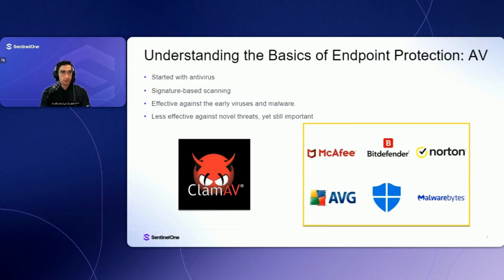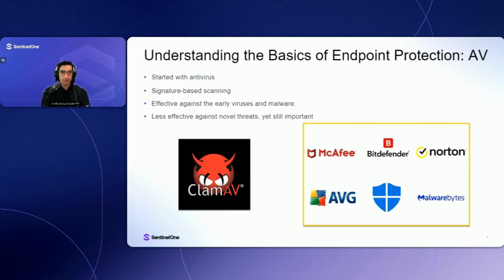First up, we're going to be talking about antivirus. Now, antivirus was the first endpoint protection solution to really hit the world stage as these threats were evolving. At its core, antivirus solutions provide signature-based detection. This means that the security solution scans files against a library of known malicious file signatures. If a match is found, it's detected and typically quarantined or cleaned.